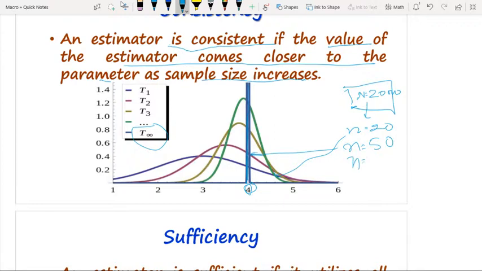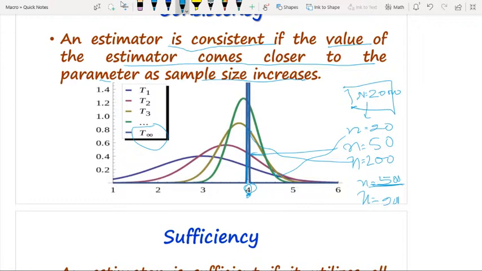Again, we increase the sample size, n is 200. The distribution comes even closer to the true value 4 and the variance falls. And now we take a sample of 500 in size and the distribution comes even closer, and suppose that we increase the sample size to 900, it comes quite close to the population parameter 4 in this case.